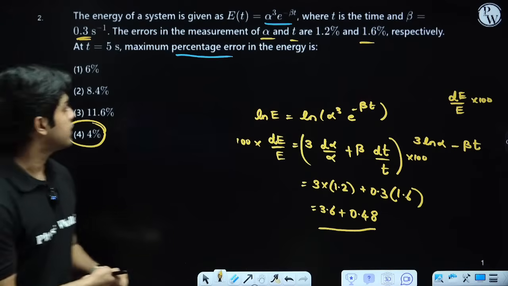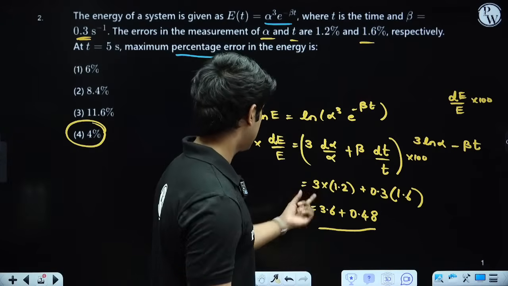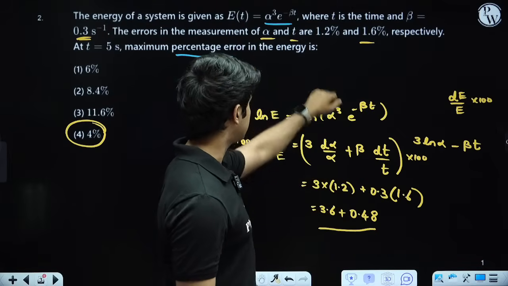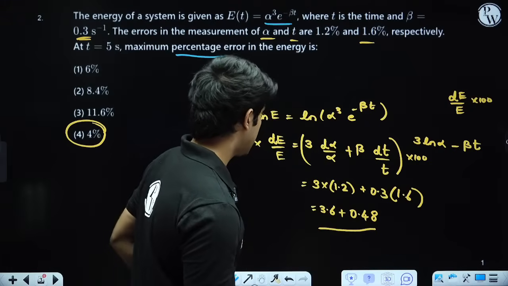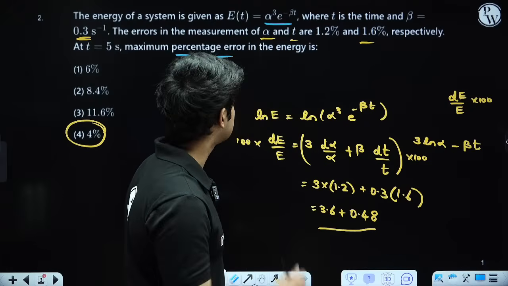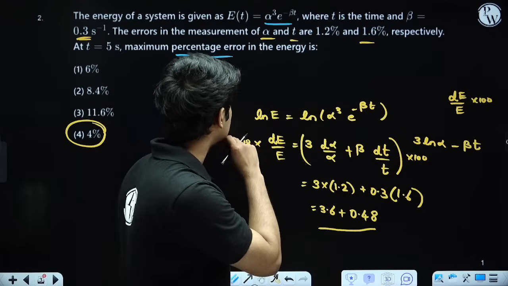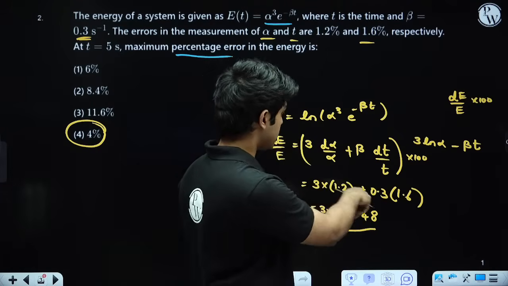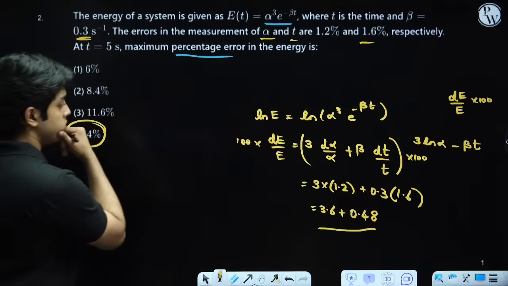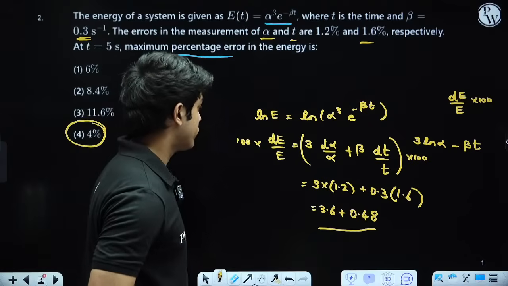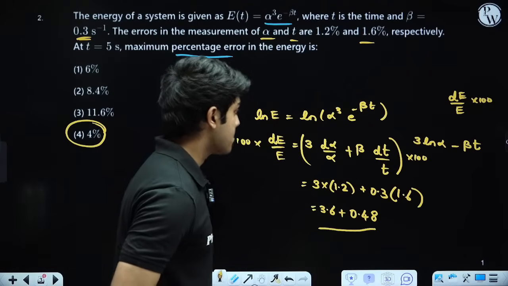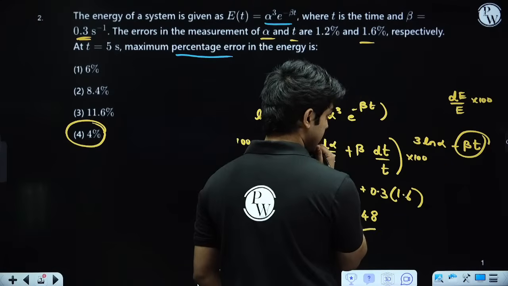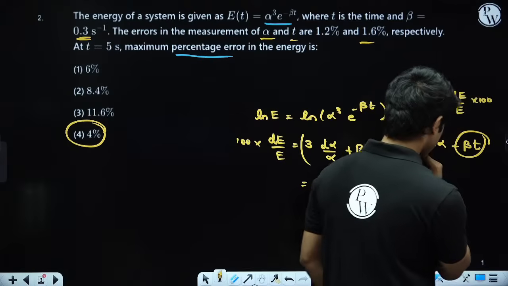Okay, so what is the mistake here? So 3 times d alpha by alpha, that looks fine. Percentage error in alpha is 3.6, and beta is 1.6. That percentage error is correct, and oh yeah, this derivative would just be minus dt, I guess, right?